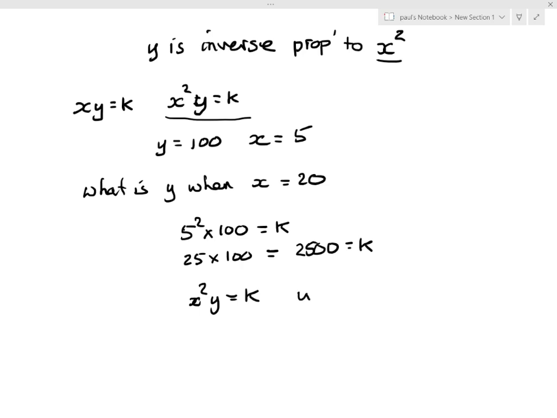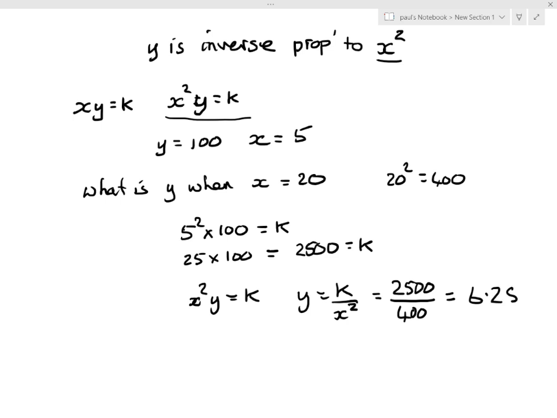So rearrange this. Y equals K over X squared, which equals 2500 divided by X squared. This is 20 squared, so 20 squared equals 400, and 2500 divided by 400 comes out as 6.25. It's the new value of Y when X is 20.